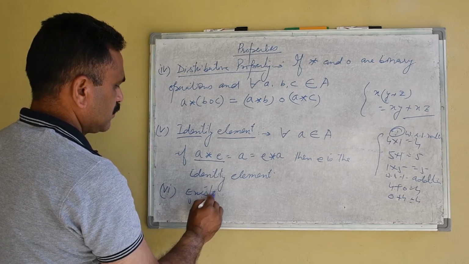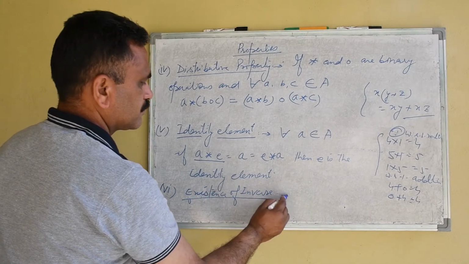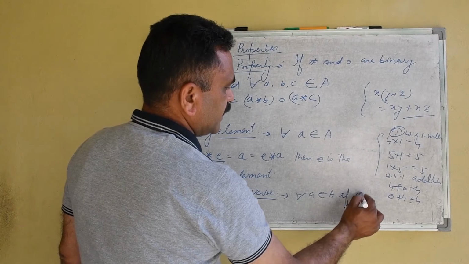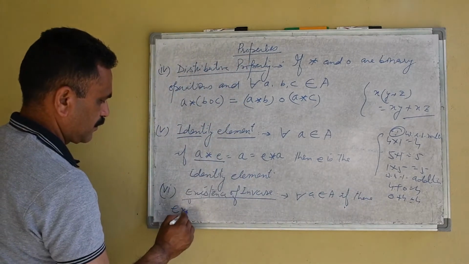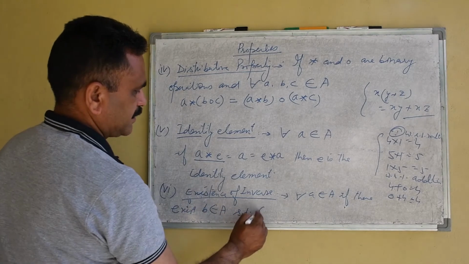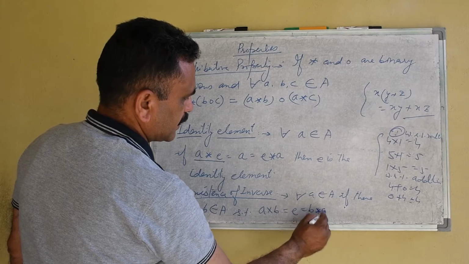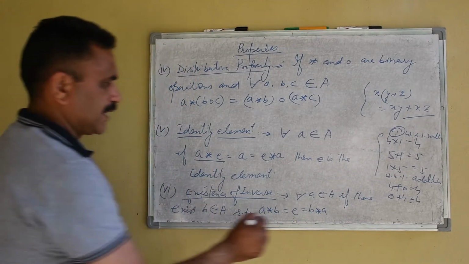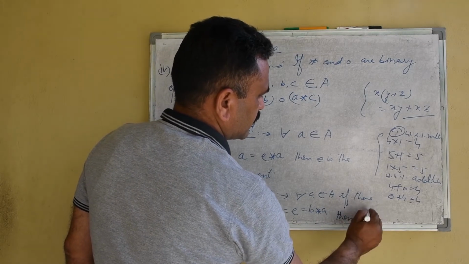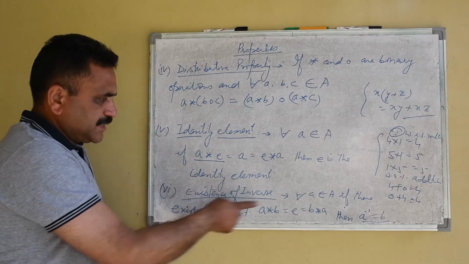Next is the sixth one, existence of inverse. For all A belongs to A, if there exists B belongs to A such that A star B is equal to E is equal to B star A, then A inverse is equal to B. So what does that state?